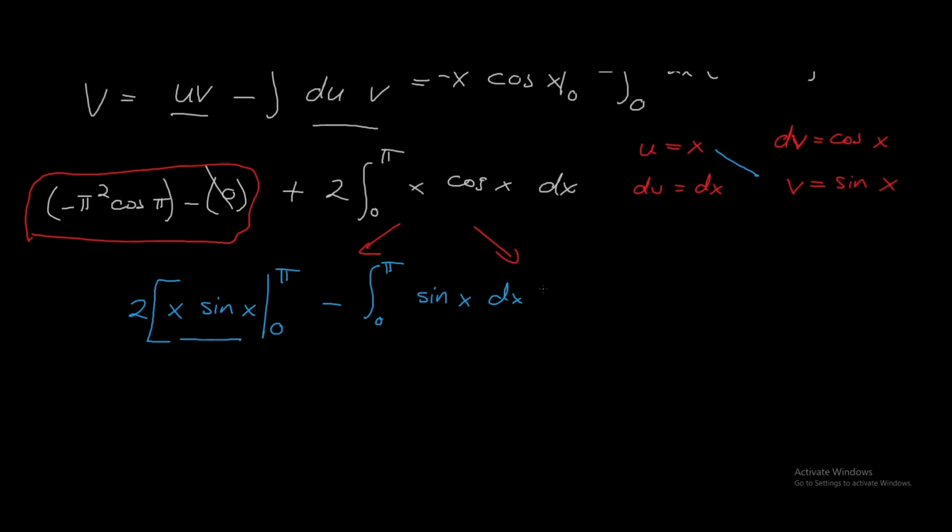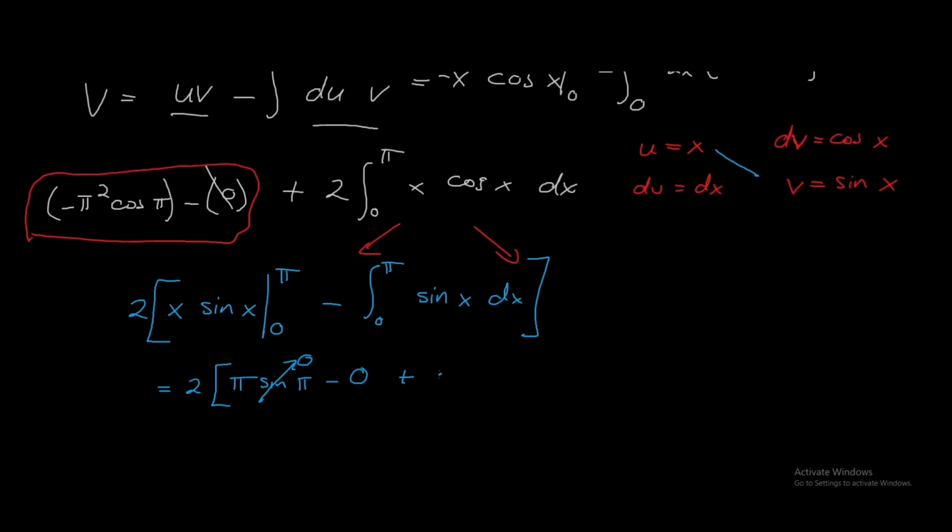So this first term right here is our uv. This second term is our v times du. I'll go ahead and close that bracket. So this is going to simplify to 2 pi times sine of pi minus 0, and then sine of pi is also 0. So that whole first term is just going to cancel out completely. And then this integral, we have minus the antiderivative of sine of x is negative cosine.